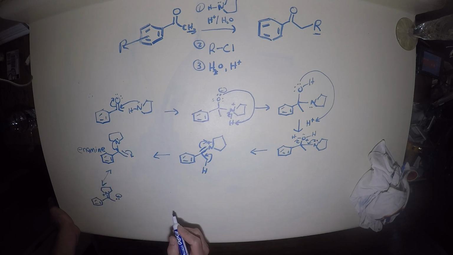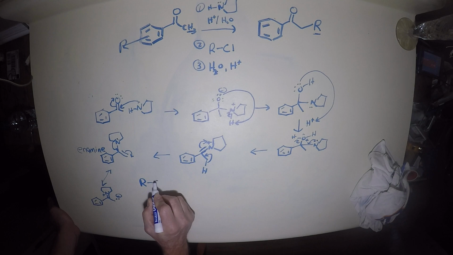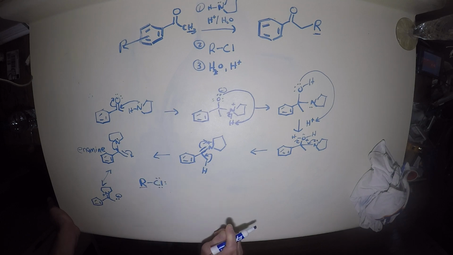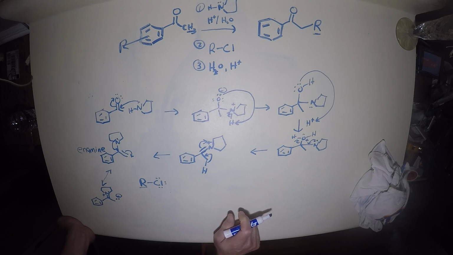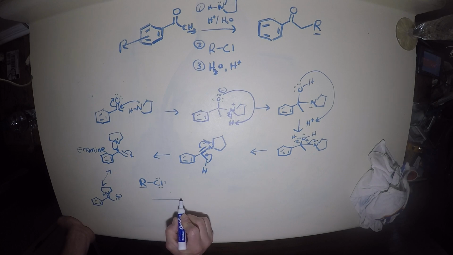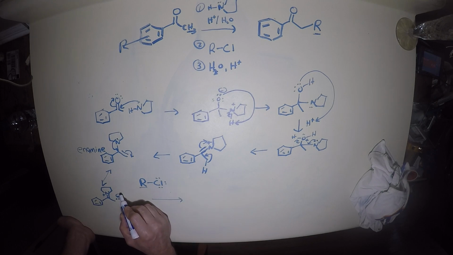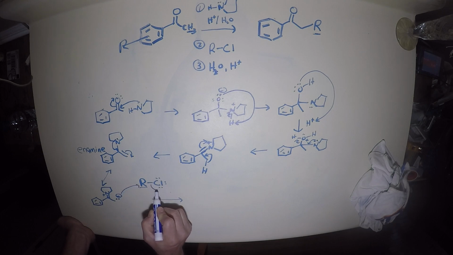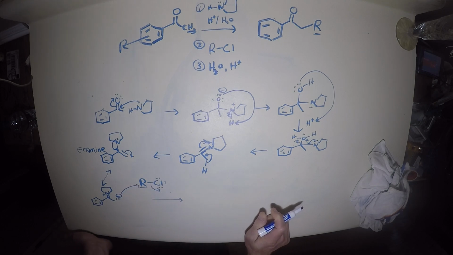You can use either form you want, and then showing your suitable halide, again benzylic, allylic, or primary, we could then produce an alkylated version with our normal SN2-like mechanism.